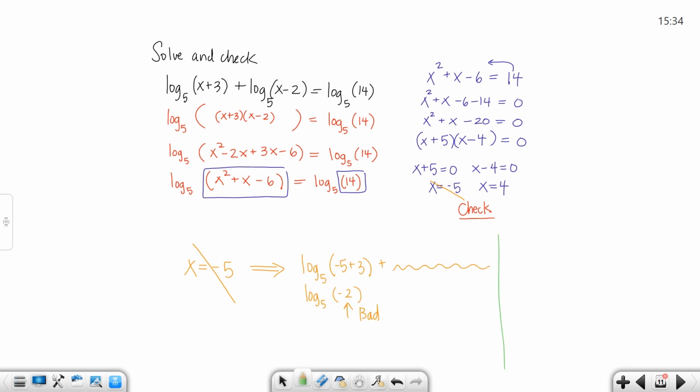So that means this value, negative 5, is bad. Okay, so then we can go about it and check the 4. I'm going to check x equals 4. So we're going to take the log base 5 of 4 plus 3 plus the log base 5 of 4 minus 2 equals the log base 5 of 14.